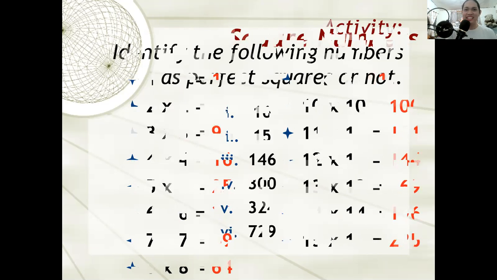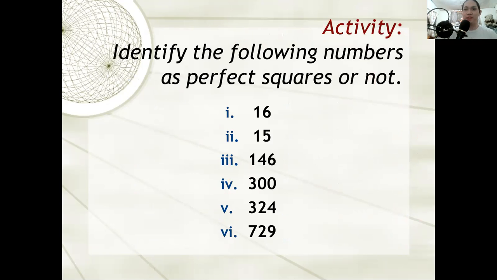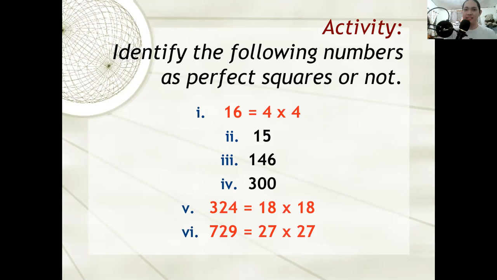Okay, identify the following numbers as perfect squares or not. Let's do this activity. What about the first one, 16? Is it a perfect square number? Yes, it is, because it can be written as 4 times 4. Same with 324.